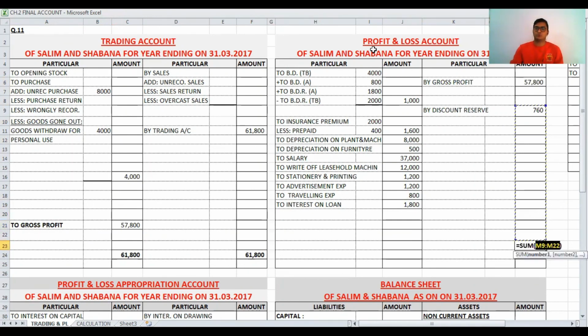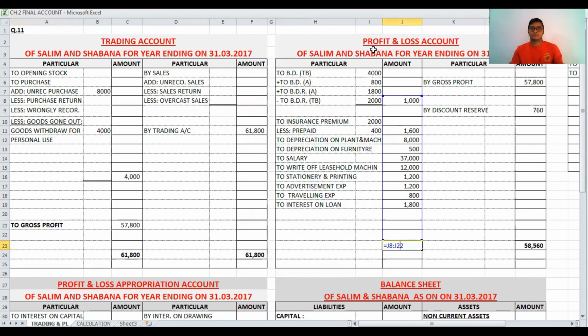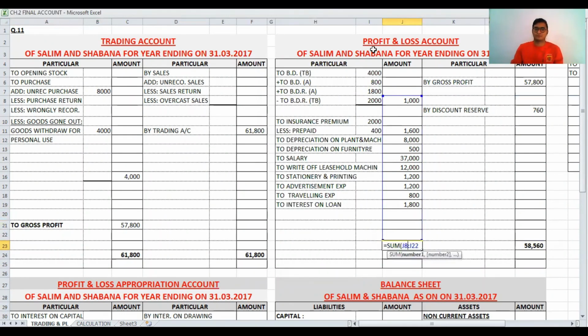Now the total of all these on the credit side is 58,560, and the total of the debit side is 65,100.